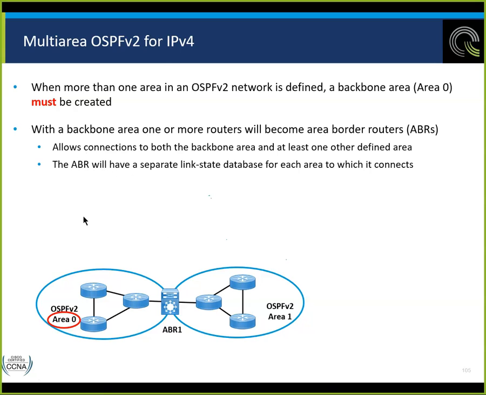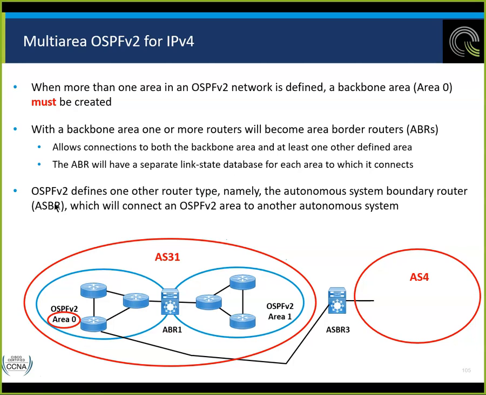So with a backbone area, 1 or more routers will become the area border routers, allowing connections to both the backbone area and at least one other area. For the area border router, we're going to have a separate link state database for each of the areas it's connected to.